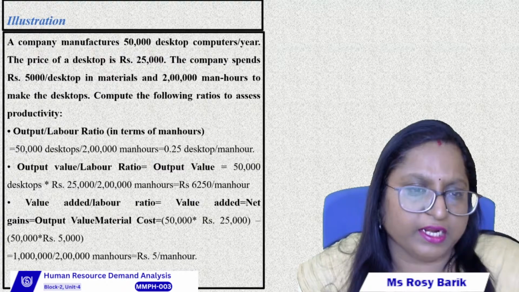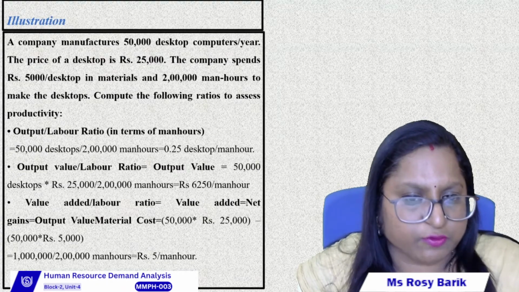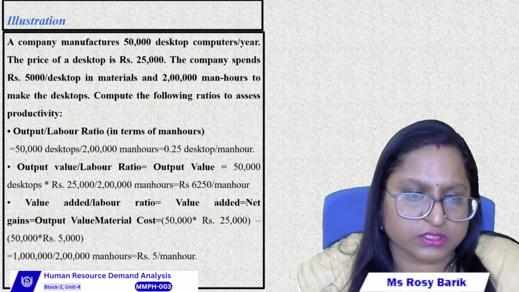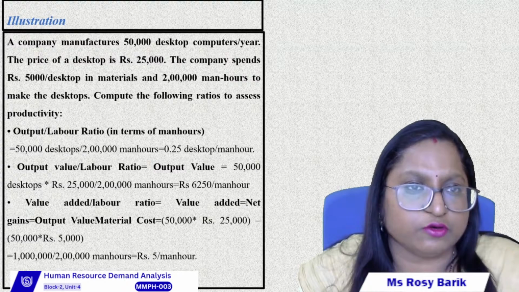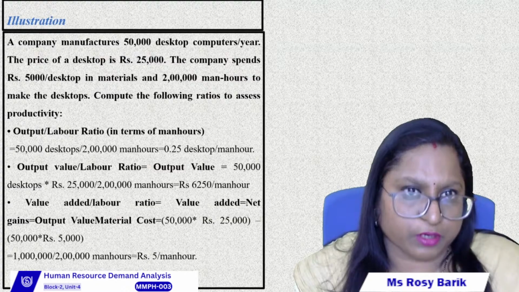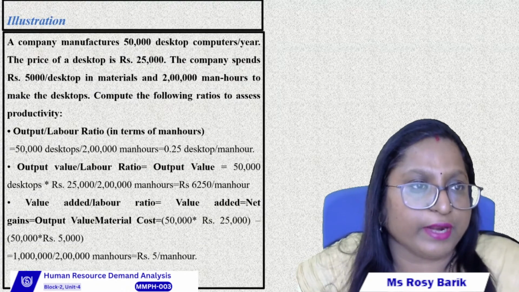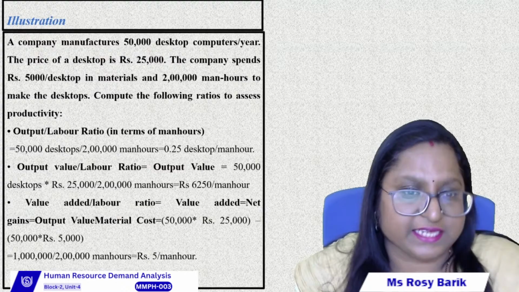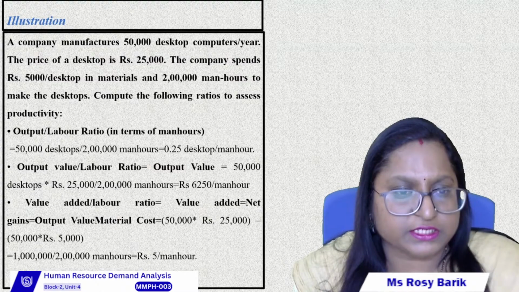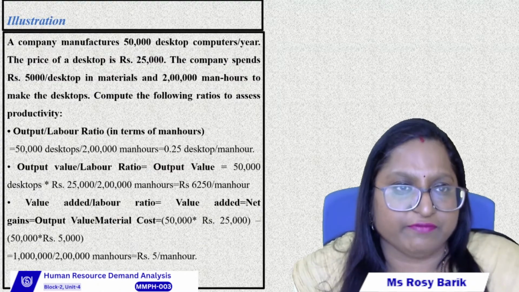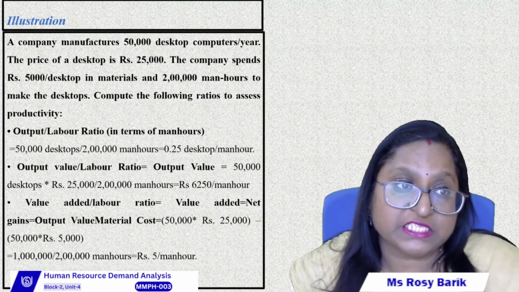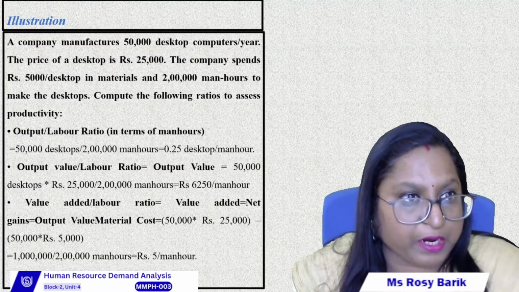Similarly, the value added by labor ratio. Value added, which is the net gain, is equal to output value minus material cost, which is 50,000, the number of desktops produced per year, into 25,000, the price per desktop. That means the total value of output is 50,000 into 25,000, minus 50,000 into 5,000, because the company spent 5,000 rupees per desktop.